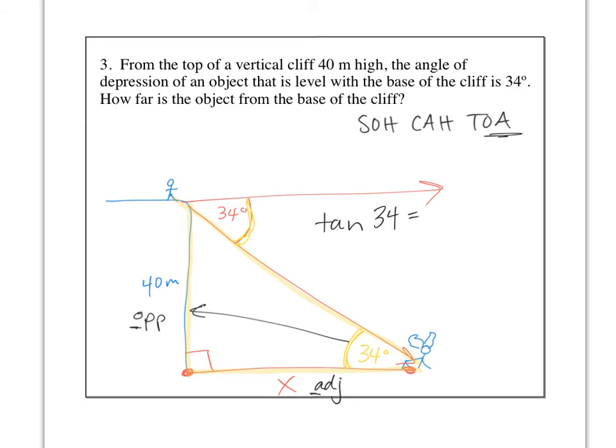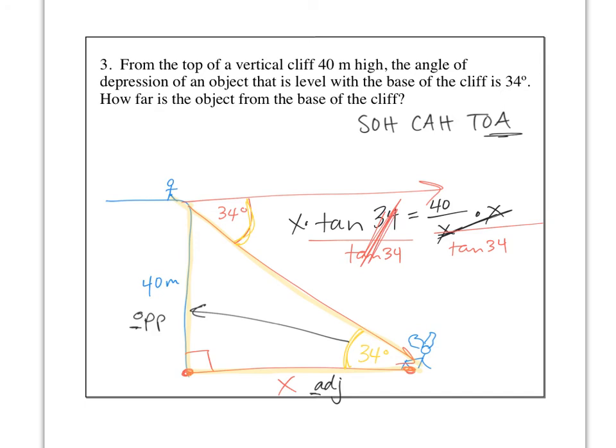34 equals opposite, which is 40, over adjacent, which is x. Now remember, whatever's on the bottom of your fraction, that's what you multiply by. So we're going to multiply by x. Then you have x times tangent 34. So then remember, you got to divide by tangent 34. Whatever you do on one side, do on the other.